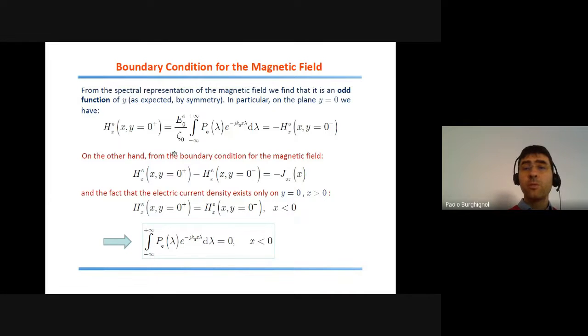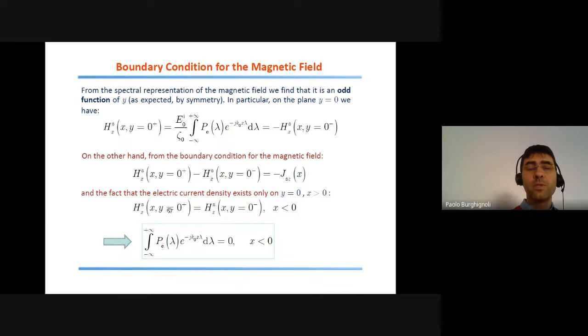But from the boundary condition for the magnetic field, we know that the jump of the magnetic field is related to the surface current. So since this surface current exists only on the metal half plane, what we get is basically that where the metal is not present, that is when x is less than 0, the scattered magnetic field must be equal to 0, since it is an odd function, and it's equal to 0 since there it has no discontinuity.